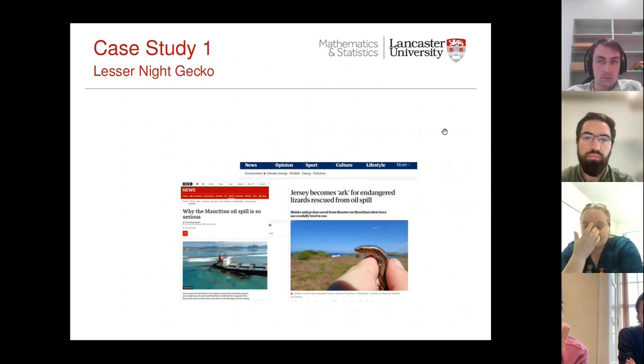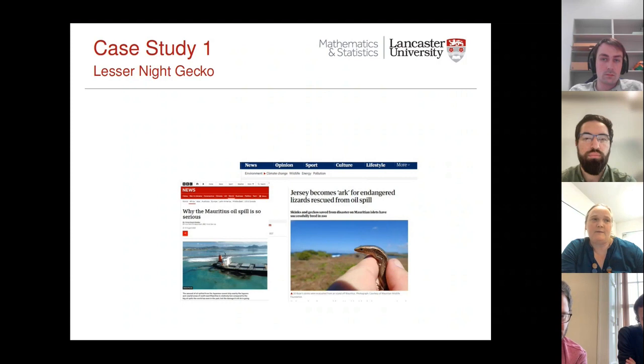I mentioned that during the translocation, it's been important to think about different release strategies. Following expert elicitation, we worked out that we needed fencing around the areas where the gecko are establishing themselves, and then those fences would be removed.